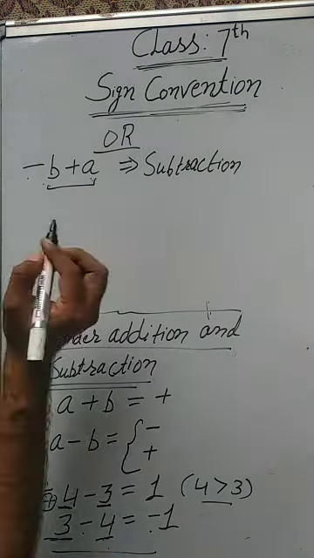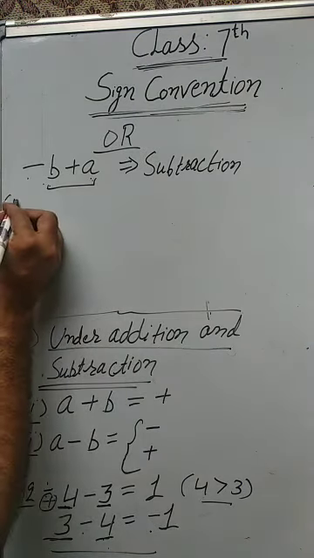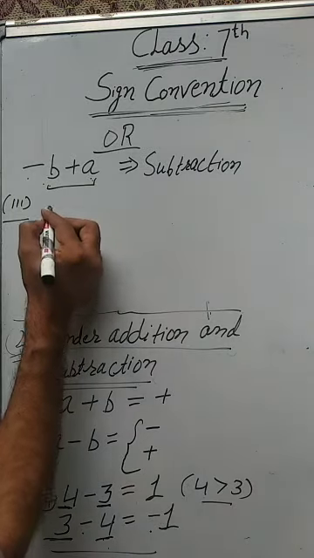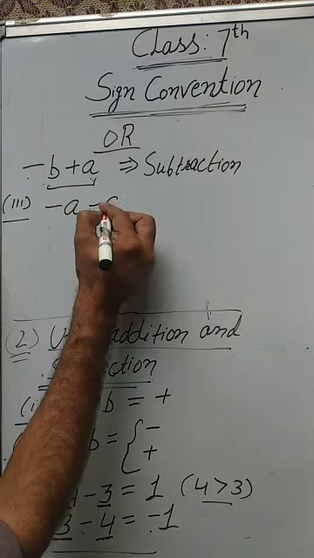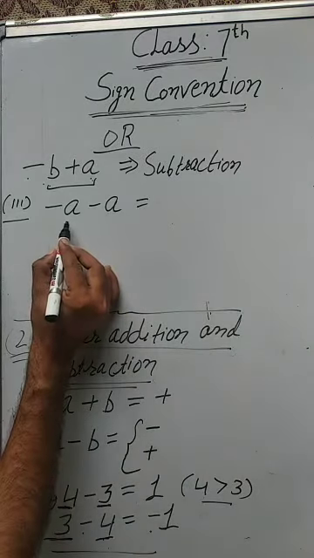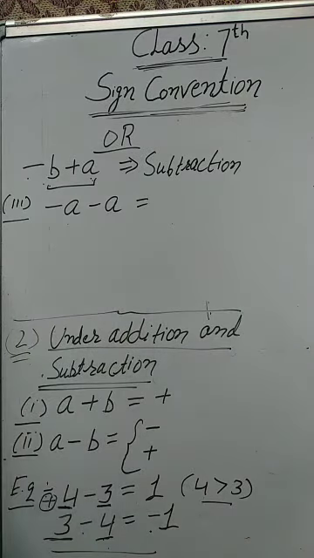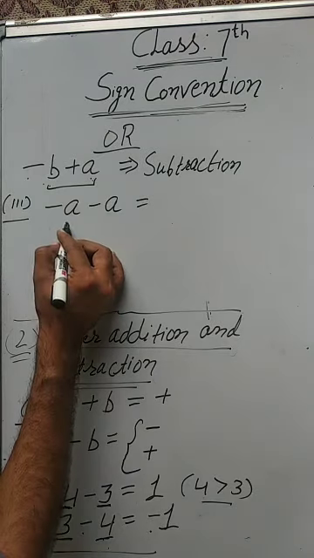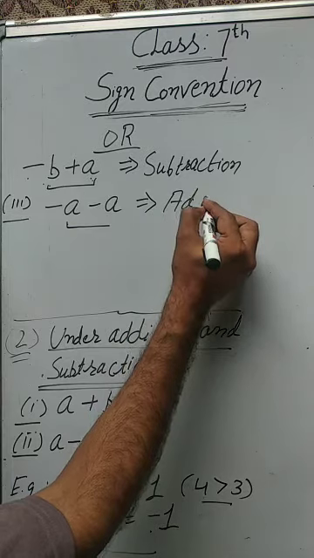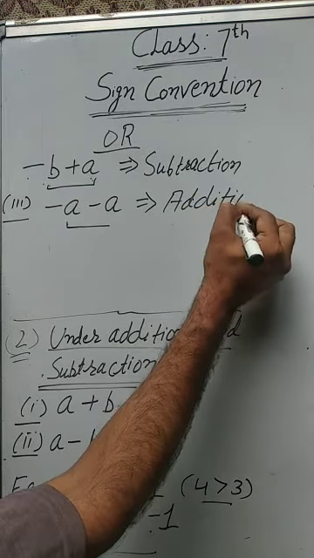Clear, beta? And third sign convention, if both numbers are negative, like minus A, minus B, then you will not subtract these numbers. You will add these numbers. You will perform here addition.